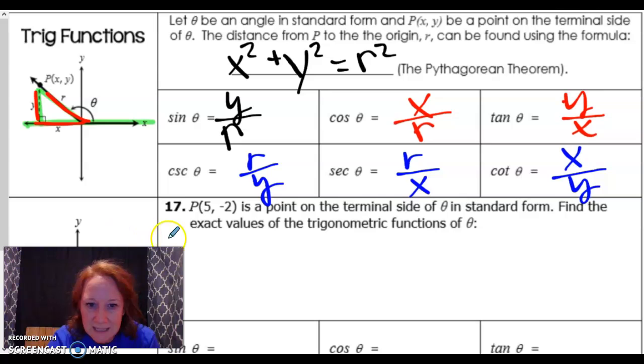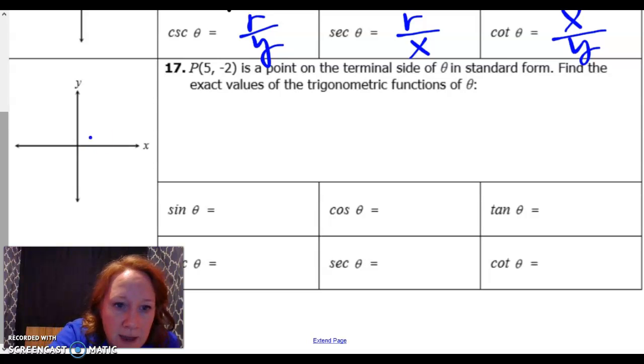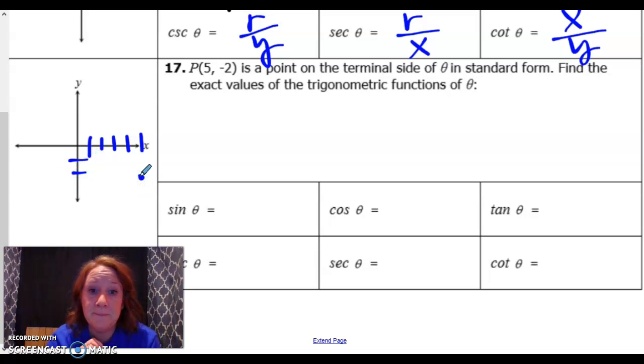But right now, this one says P of (5, negative 2). So we're going to put (5, negative 2) on the graph, because this is going to give us some sign things. So 5: 1, 2, 3, 4, 5, and negative 2: 1, 2. That's right here.